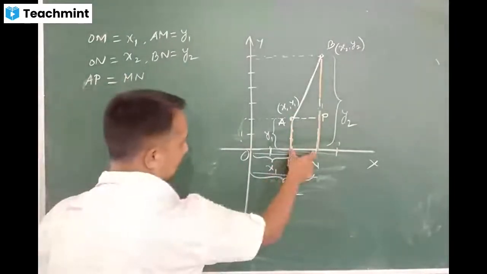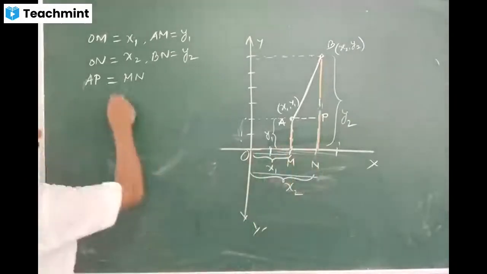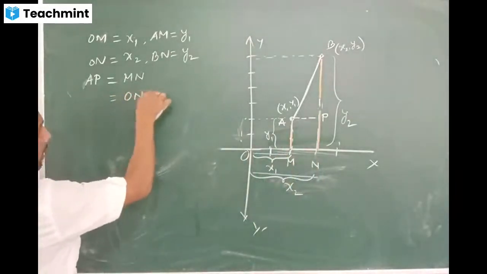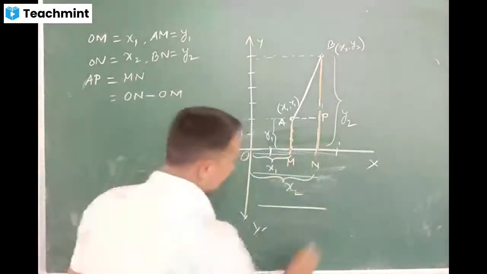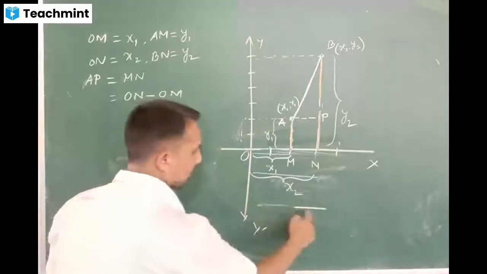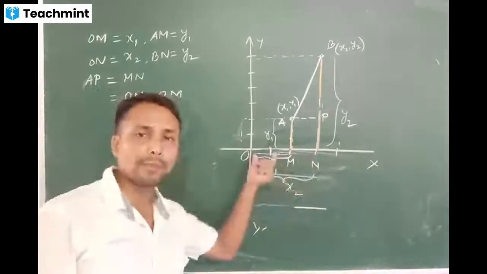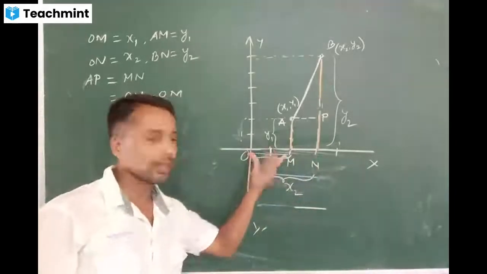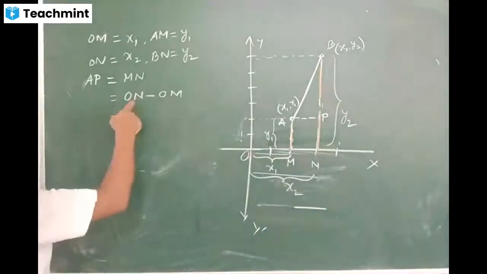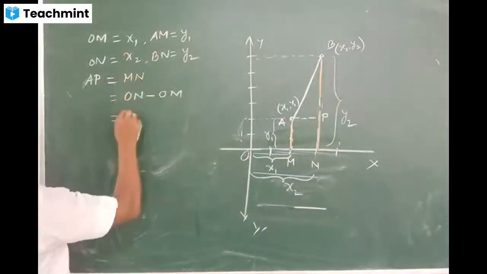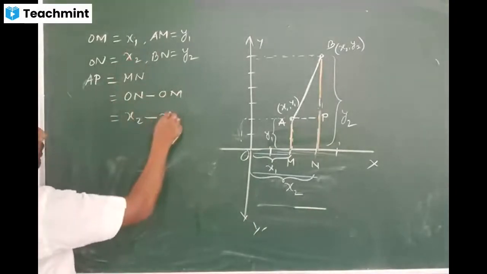How to get the MN length? From ON we have to subtract OM. From the bigger length, if you reduce this, you get the middle part. So mathematically, ON minus OM, where ON is x2 and OM is x1.